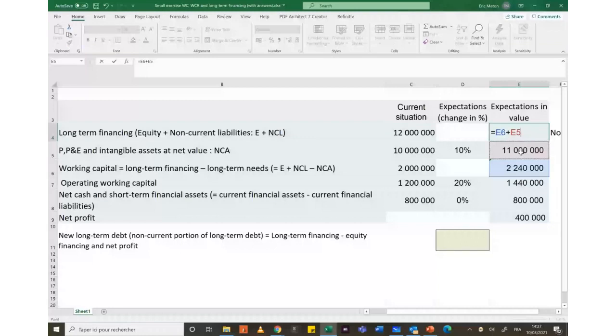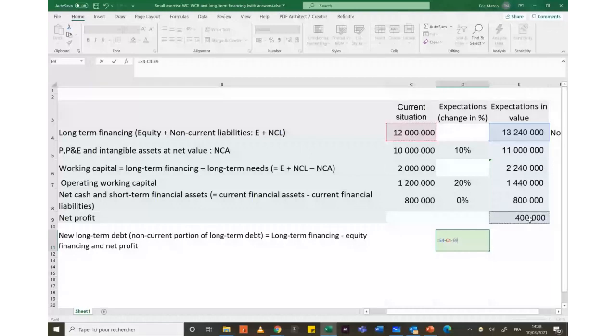So we need in the long-term financing 13,240,000. And in this one, we have already the opening long-term financing. We suppose we keep the same. And we have already the impact of the net profit of the year. So what we need to finance is the rest.